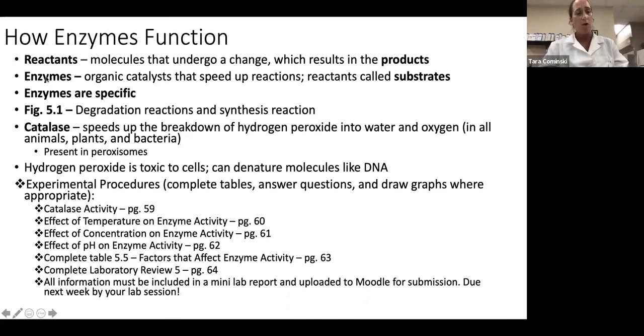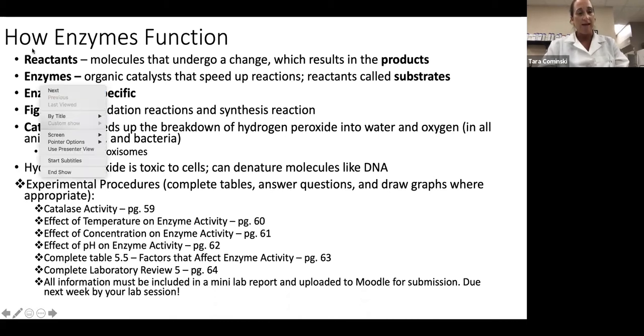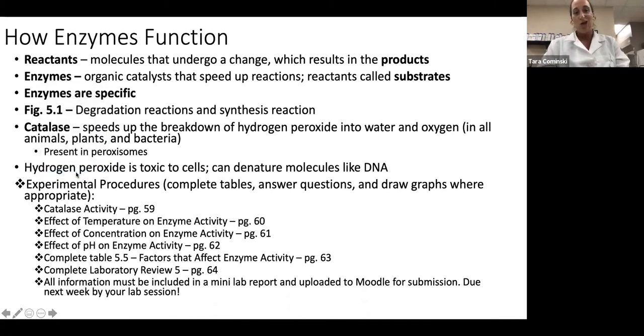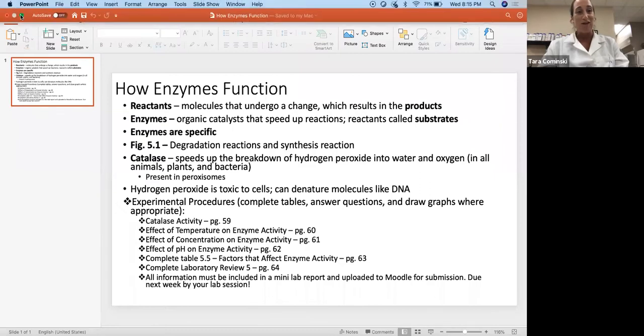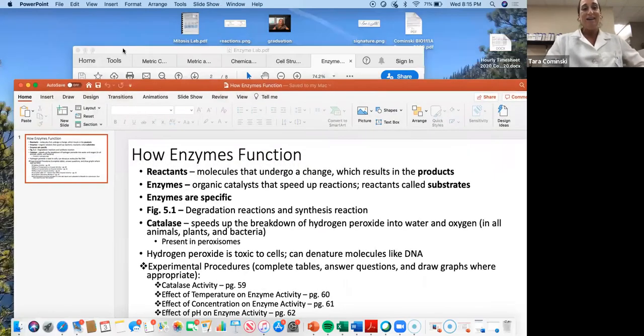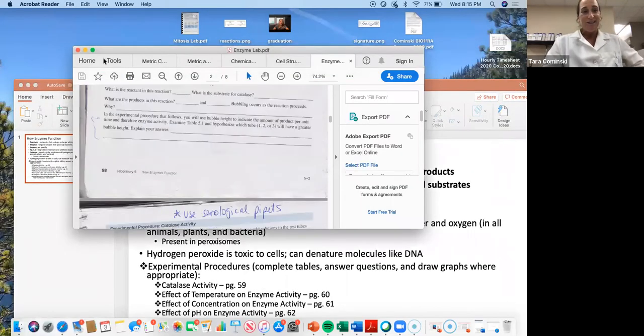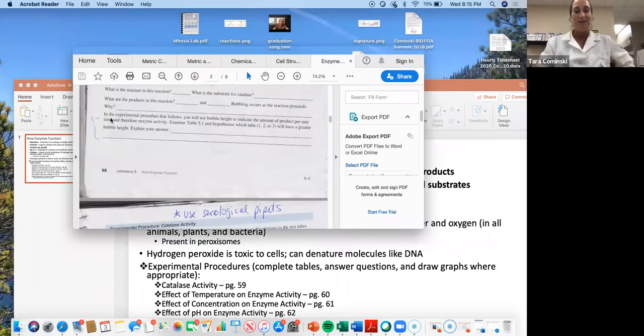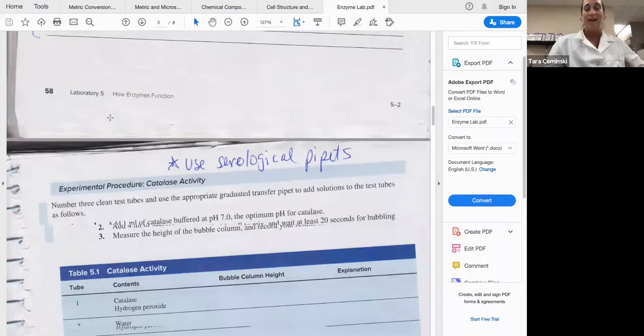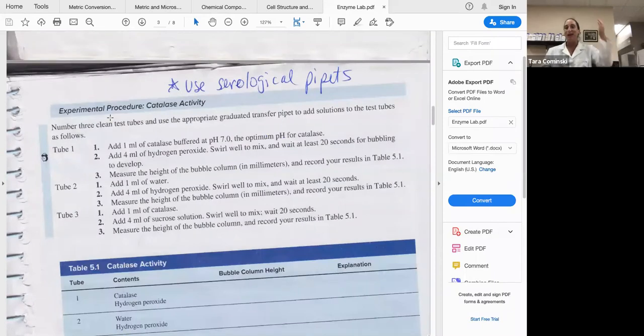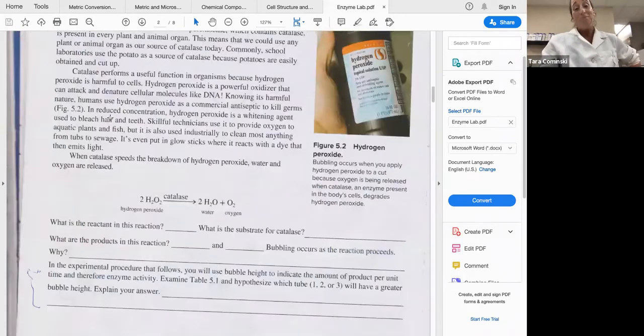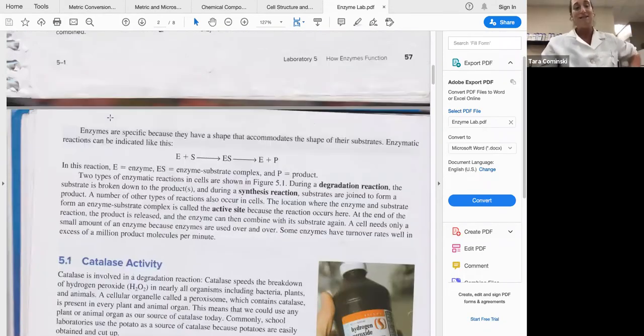Figure 5.1 is just that same basic figure that you guys saw in our lecture. My one slide is probably not that handy because it really outlines what you were doing in lab. So the most important part is really just to look at this background information in the PDF.